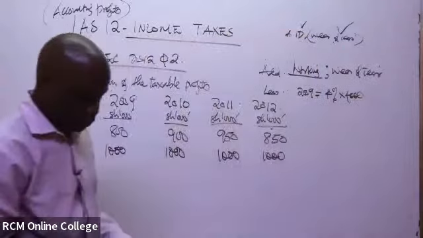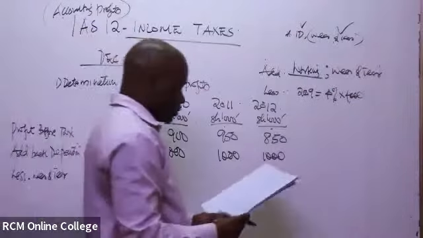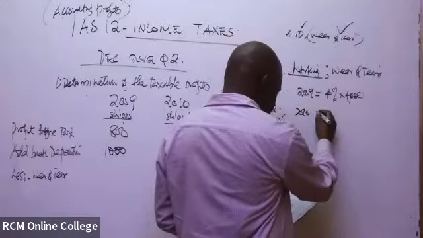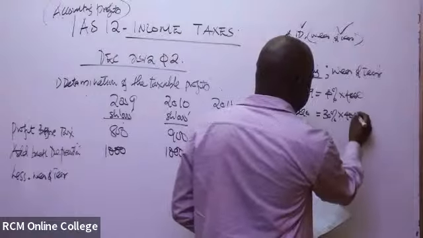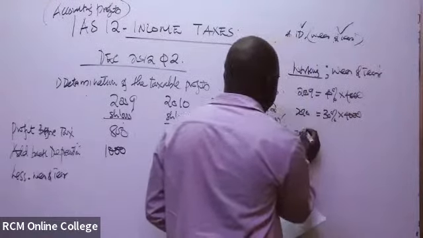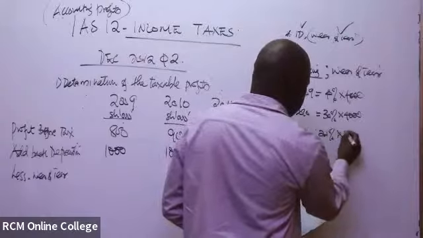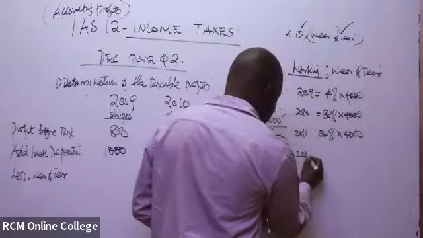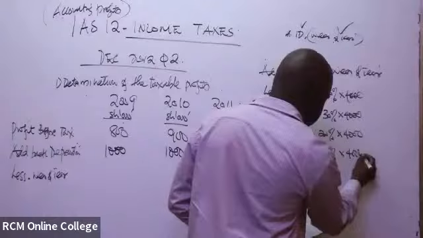Then 2010, it was 30% of the cost of the asset. Then 2011, it was 20% of the cost of the asset. Then 2012, it was 10% of the cost of the asset.